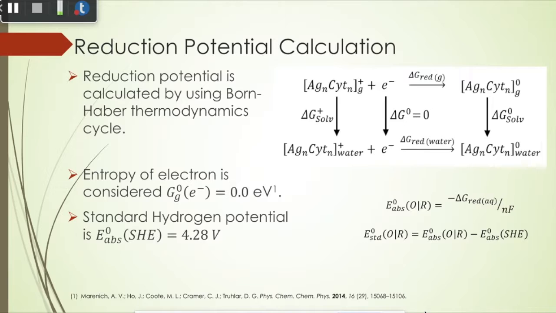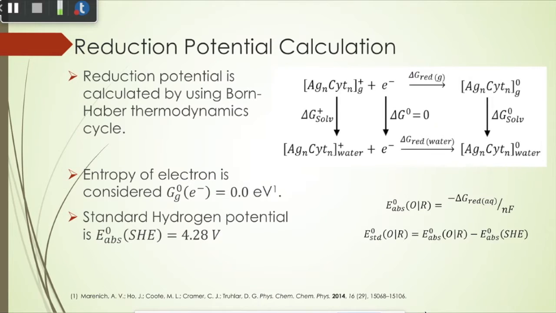From the frequency analysis, I got the entropy and thermal corrections, and by balancing all of this I can calculate the Gibbs free energy for the reduction reaction in water medium. From that I finally get the standard redox potential by using the standard hydrogen electrode potential, 4.28 volts. This is the methodology I followed for the reduction potential calculations.